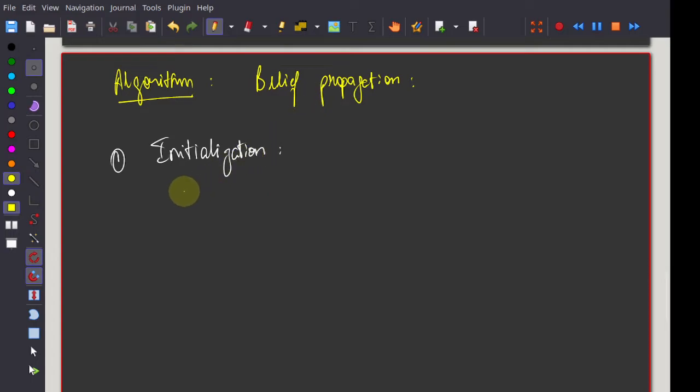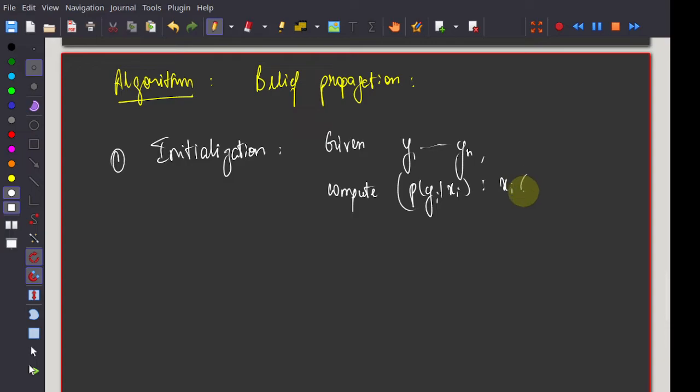Okay. So the initialization is done as follows. You're given the received vector. We first compute P(yi | xi).